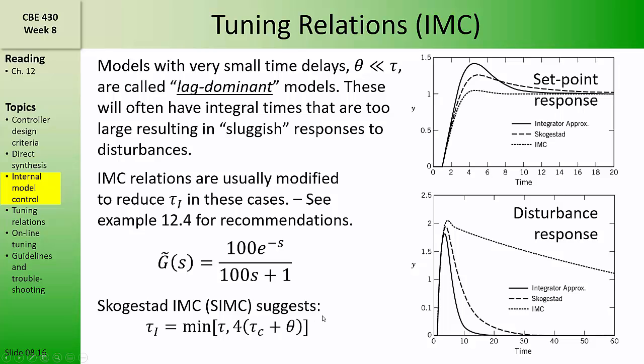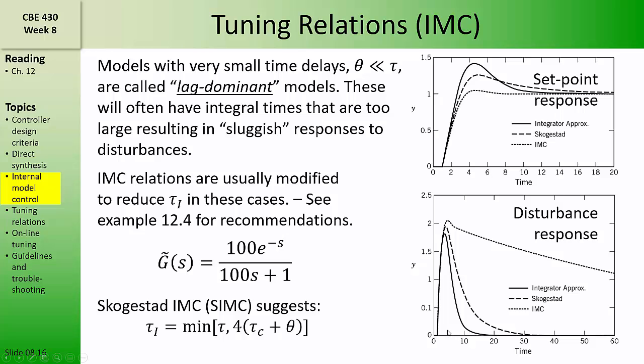The Skogestad IMC method modifies the value used for the integral time by choosing the minimum of either tau or 4 times tau c plus theta. Here, the reason why this process model takes so long to respond to disturbances is because this model would have a very large integral time chosen equal to tau. If instead we use the Skogestad method, we get a much smaller integral time.